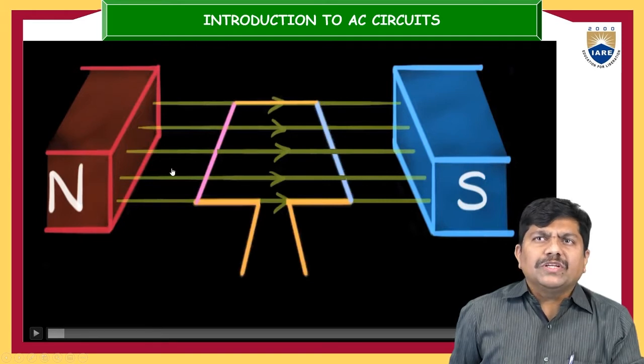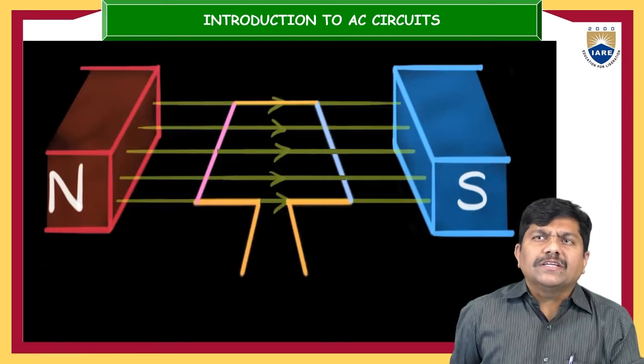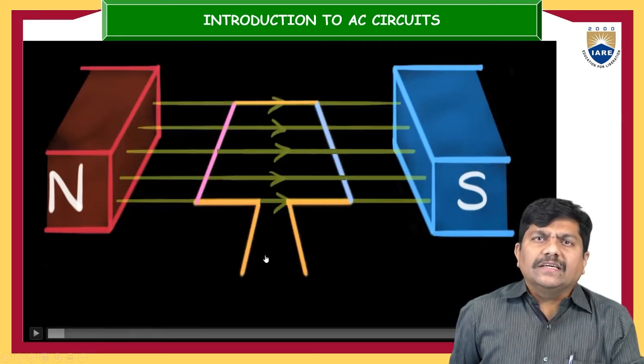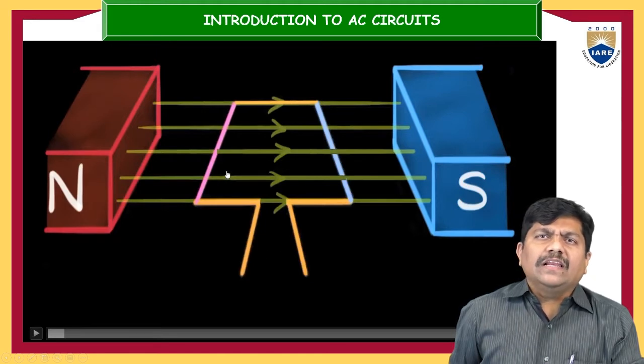Now the voltage induced in this pink conductor plus the voltage induced in this blue conductor are added together, so the voltage will be doubled. To enhance the voltage coming from this conductor, this pink conductor is joined with the blue conductor in series to increase the voltage across this conducting system.